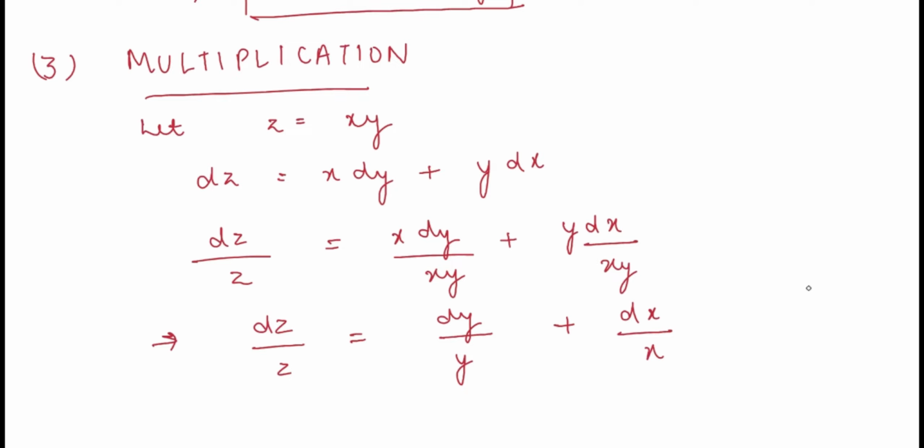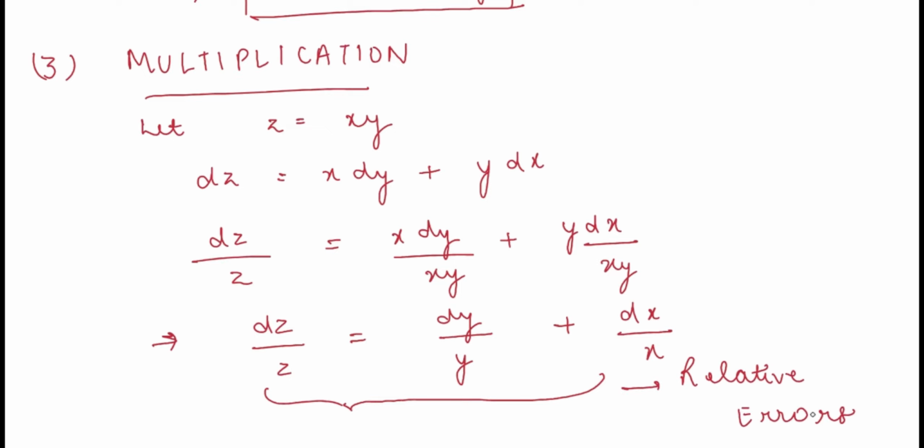This means the relative error in the product equals the relative error in the first quantity plus the relative error in the second quantity. Multiplication basically changes the scale of the answer. Therefore, instead of comparing the absolute differences, we compare fractional differences, or the relative differences. And that's why these relative errors are added up.